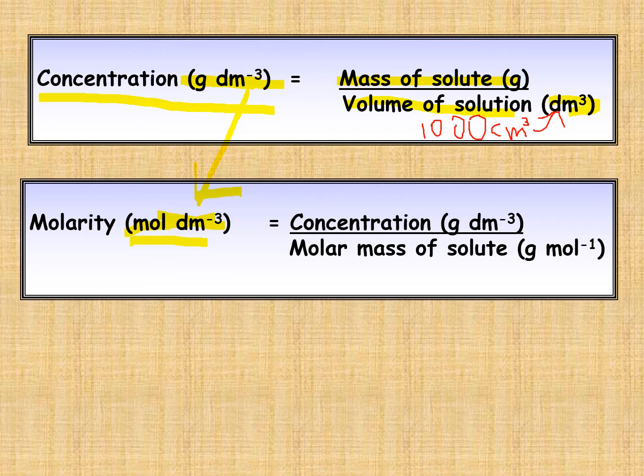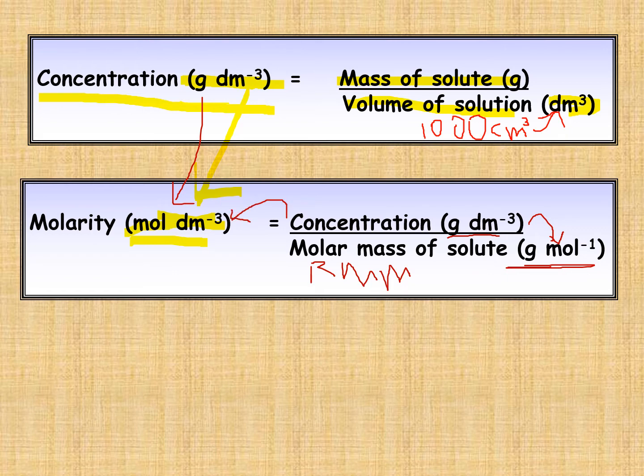If you have gram per dm cube in the questions and you want to convert it into mole per dm cube, you just divide it by gram per mole. Gram per mole is molar mass. Molar mass is RMM, RFM, or RAM, depending on your substance. So just divide it by RMM.